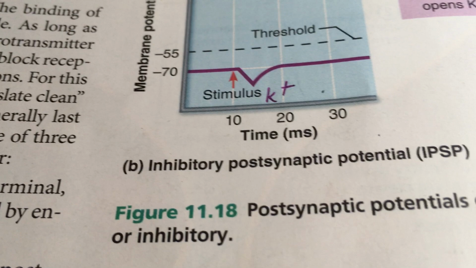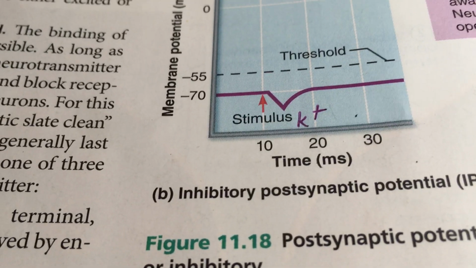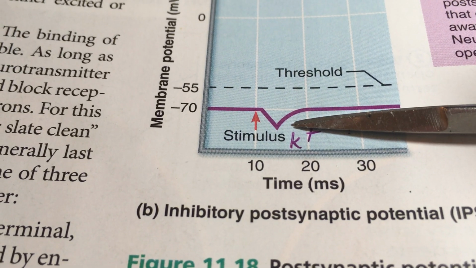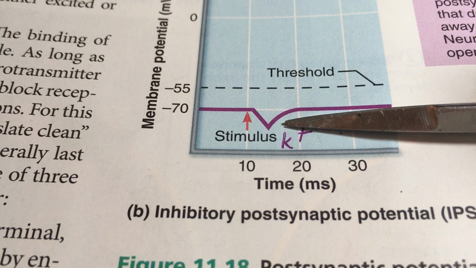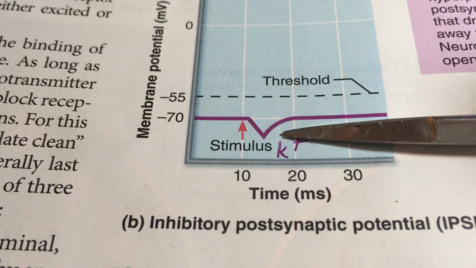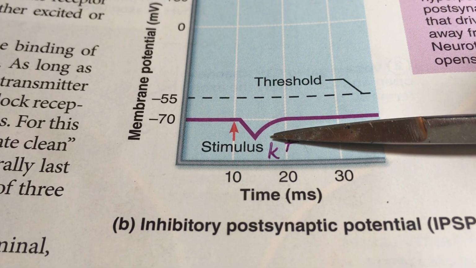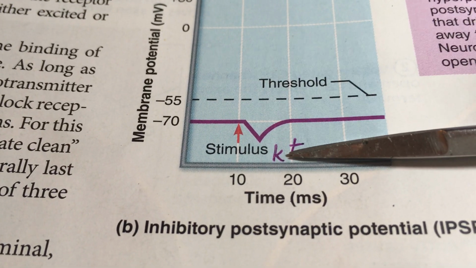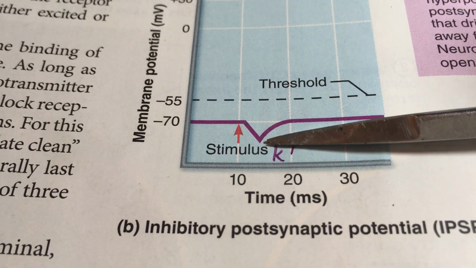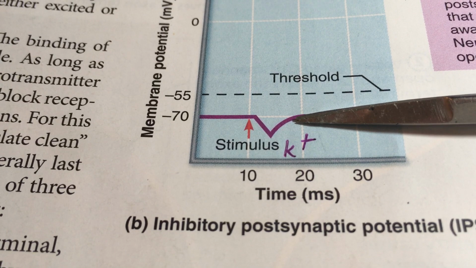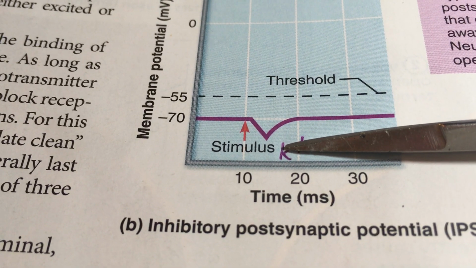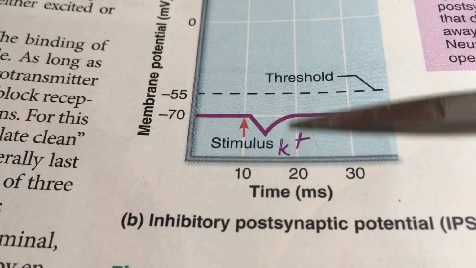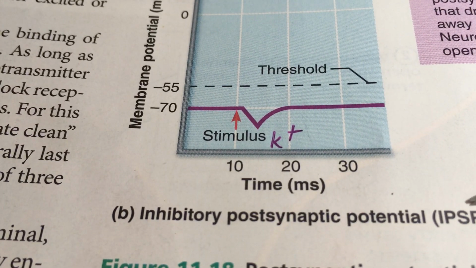The heart, of its own construction, would like to go about 110 beats per minute if you gave it its own head, but instead the vagus is holding it back with a little bit of inhibition and slows it down to resting heart rate. So this is an inhibitory postsynaptic potential.